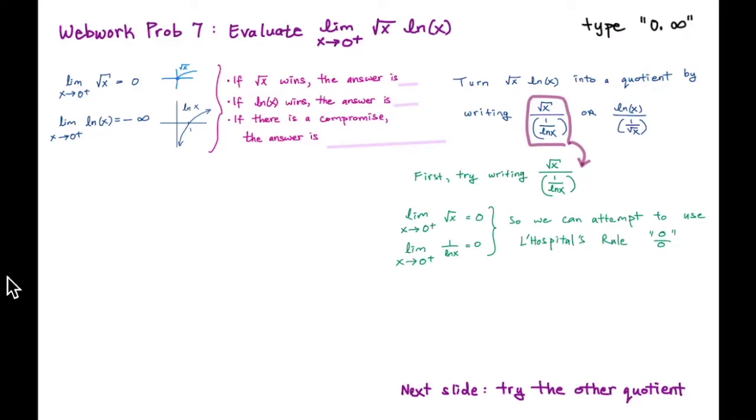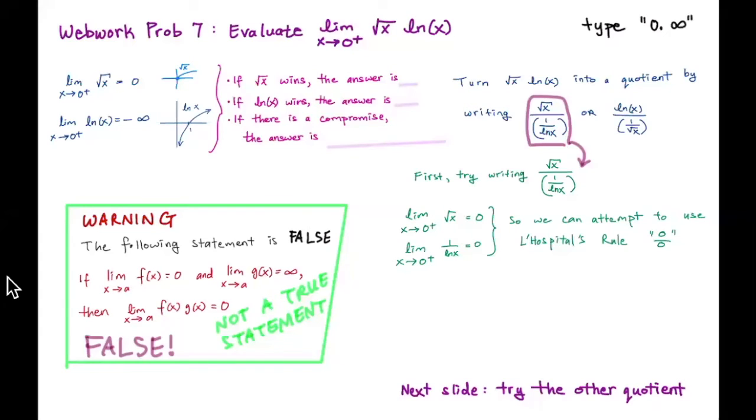But first, let me give you a warning. So let's look at this statement. It says that if you compute the limit of a function f to be 0, and you see that another function g approaches infinity, then the limit of the product is equal to 0. This statement is false.